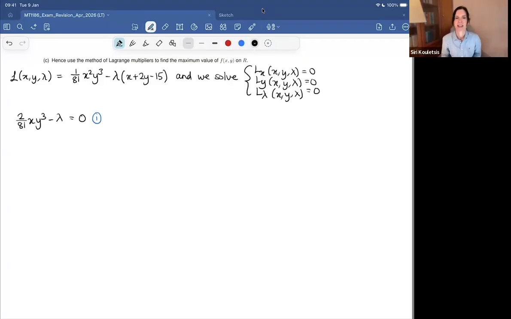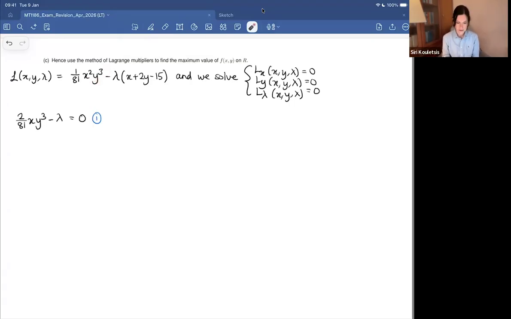Now take a little head start to find the partial derivative of L with respect to y. We now treat x and lambda as constants. Now, the power of y will come down, and the power is reduced by 1.